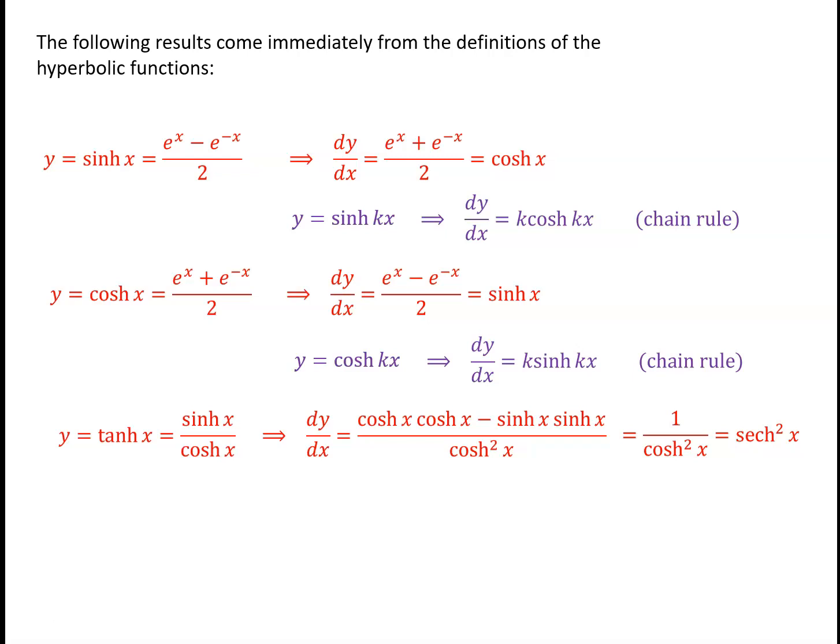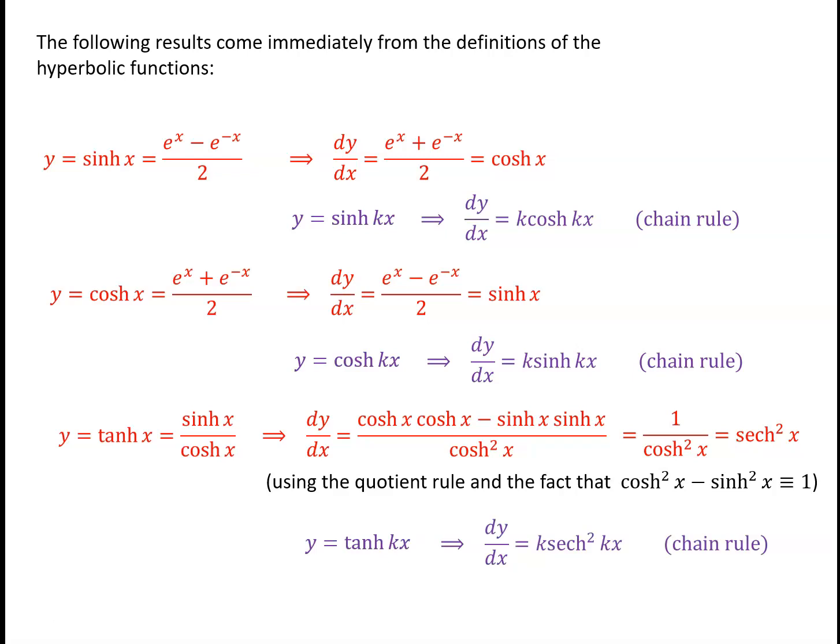In other words, dy by dx is sech squared x. And if we have y equals tanh kx, then we have dy by dx is k sech squared kx, using the chain rule again.